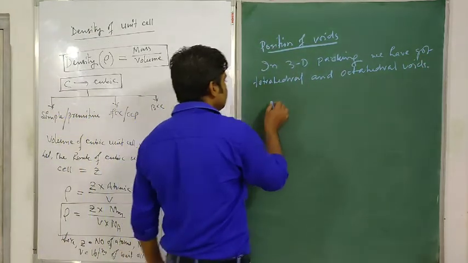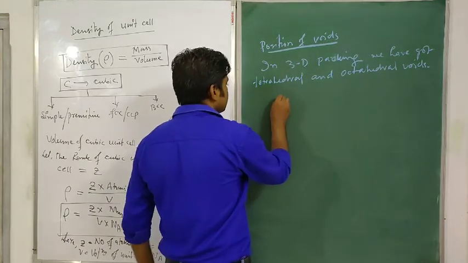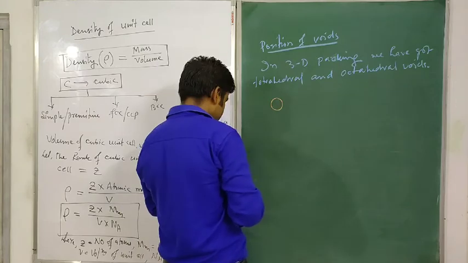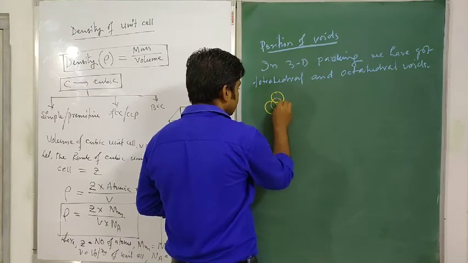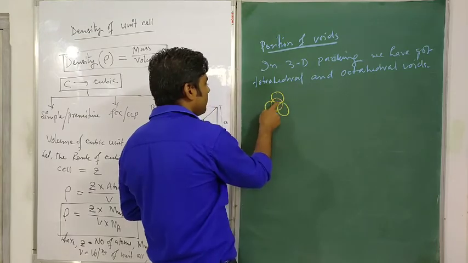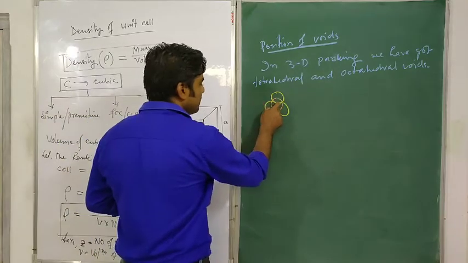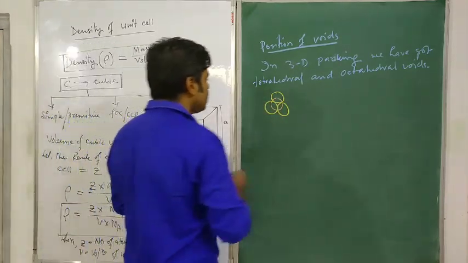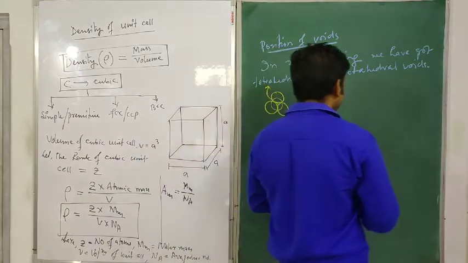So here the tetrahedral void is formed by 4 atoms. Whatever void forms within the 4 atoms, this void is called your tetrahedral void. And an octahedral void is something like this.